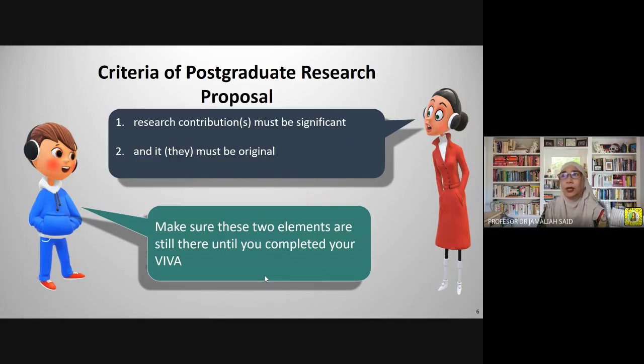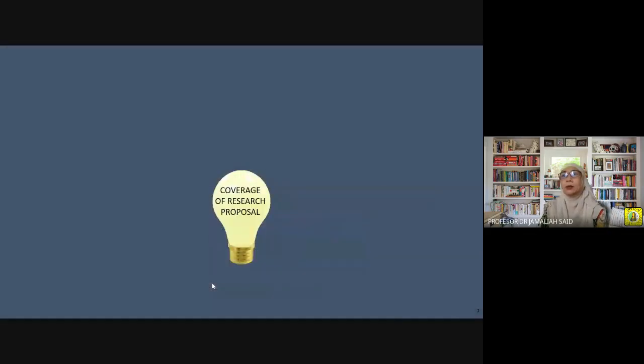And you make sure that the contribution and the originality of your proposal will last until you submit your thesis or after your viva, because that is the first question they ask, whether your proposal is original or whether you have contribution in the study.